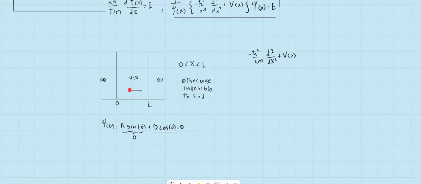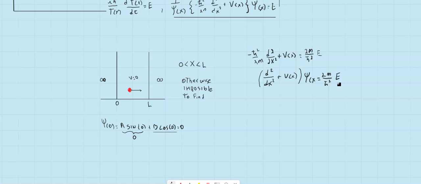What I'm going to do is move all of this over here, and it's going to be 2m over h bar squared times E. I'm going to write it down in this form: d squared over dx squared plus V of x, I forgot to write the psi right here, times psi of x is equal to 2m over h bar squared times E.